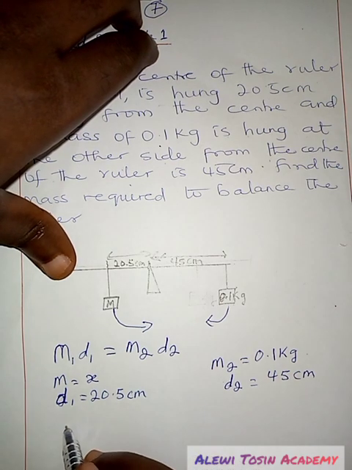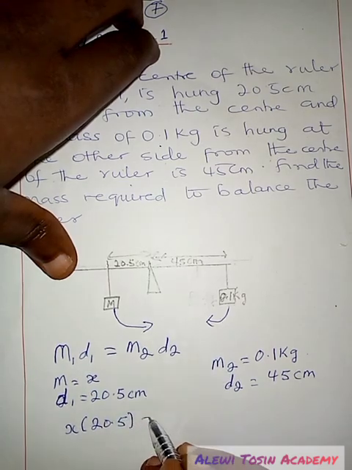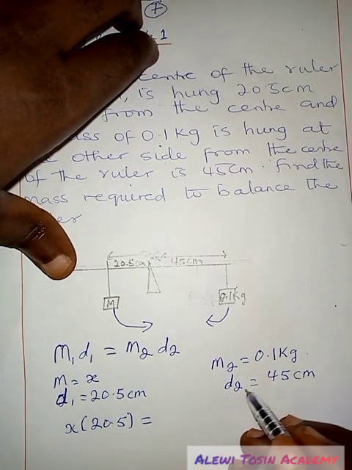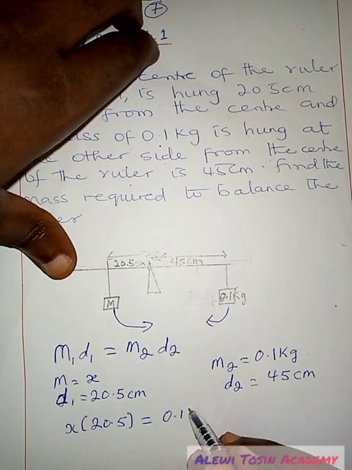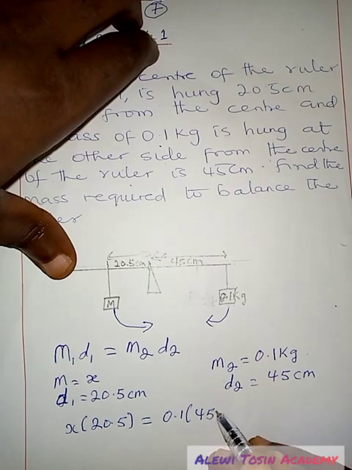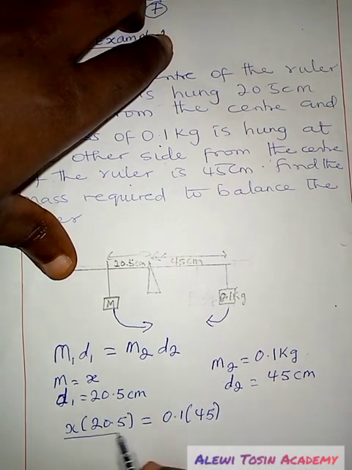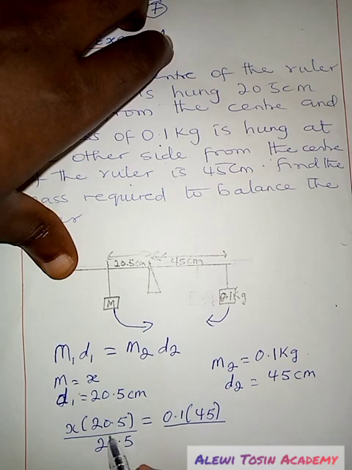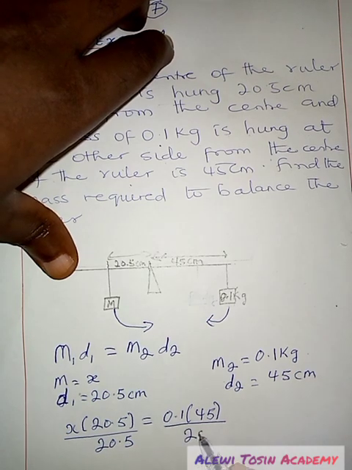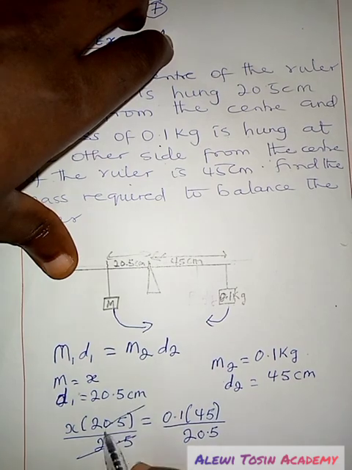So using M1 D1, our M1 is X, our D1 is 20.5, equals our M2, which is 0.1, and our D2 is 45. We can just leave the unit for distance as centimeter because it is a concept of proportionality. So we divide through by the quotient of X so that this cancels this.